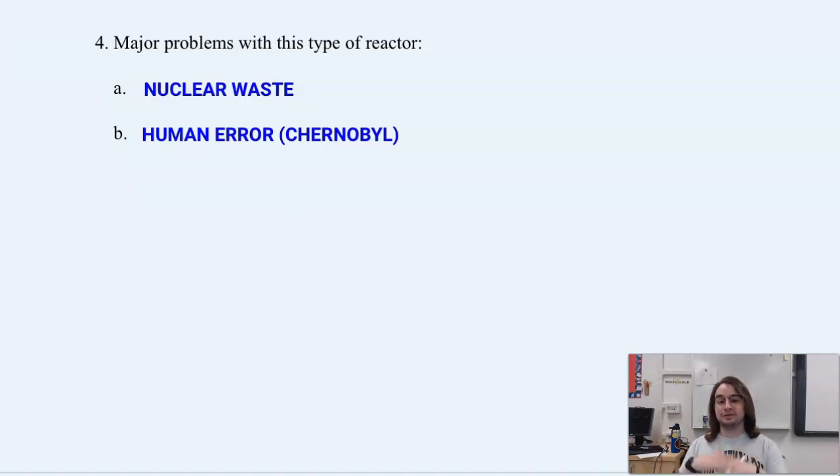So these are some concerns for these plants, and here in the United States, we're actually a bit unique in that we don't have a lot of nuclear plants. We still use a lot of fossil fuels or coal in our powering, but a lot of places, for example in Europe, actually have primarily nuclear power.